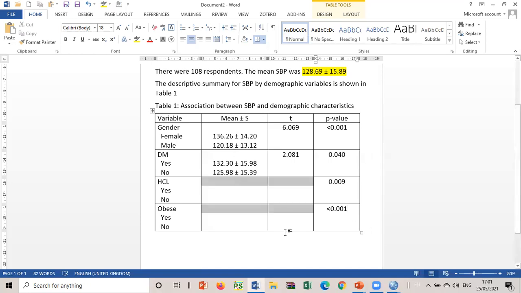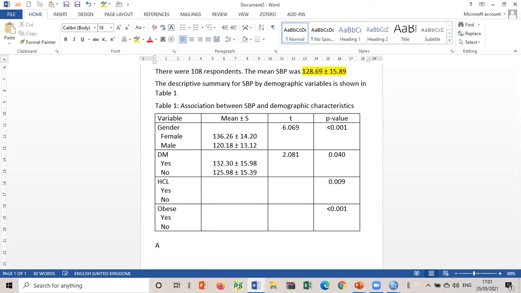Okay, you fill up all the values. So what's the conclusion?